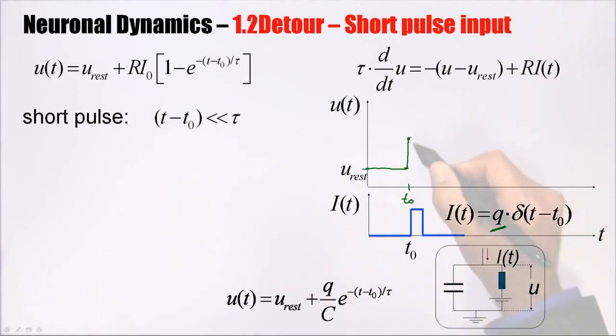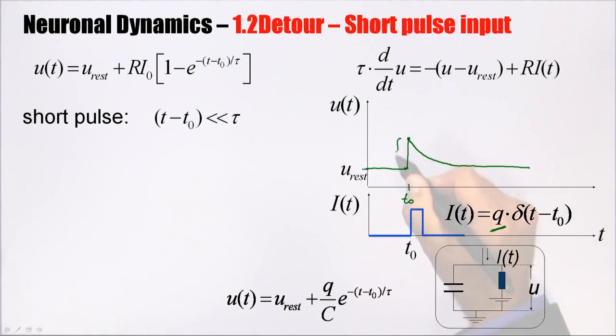The current is again 0, so you just have an exponential decay back to the resting value. And the jump size is Q over C.